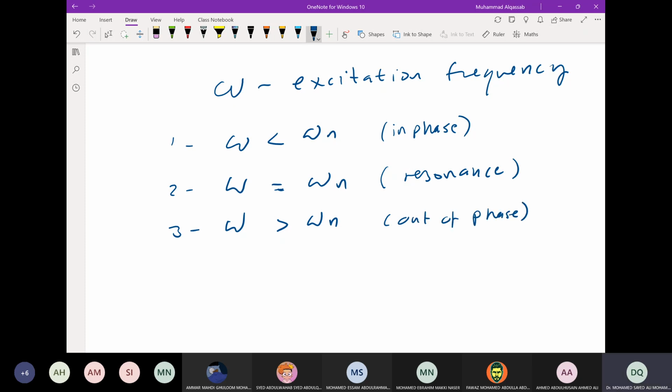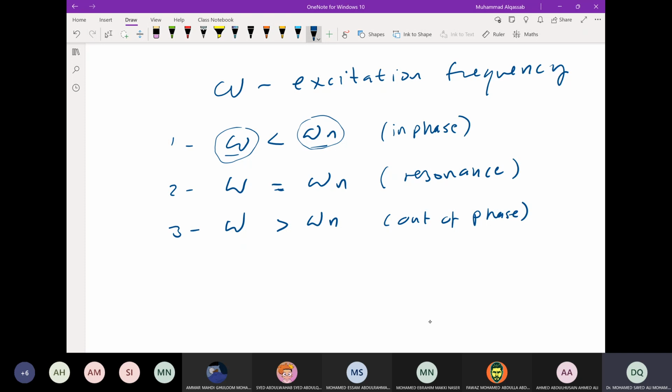Okay, what is the meaning of in phase? If omega is less than omega n, the natural frequency omega n is related to the time to complete one cycle, the reciprocal of time, 1 over tau. If omega is less than omega n, this will take more time to complete a cycle than if it is allowed to oscillate under natural frequency.